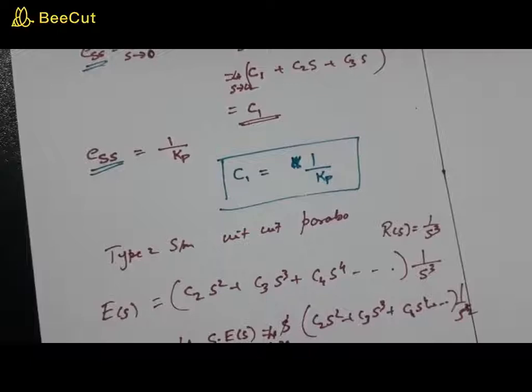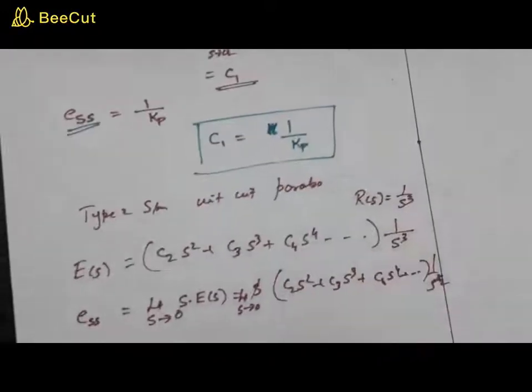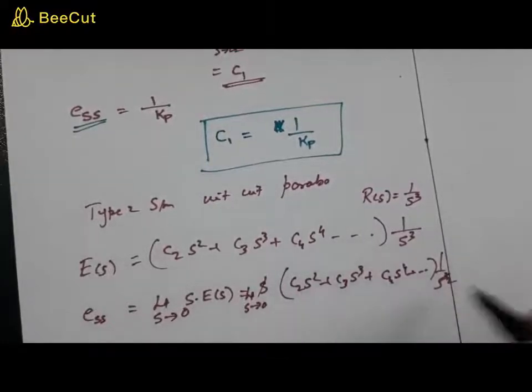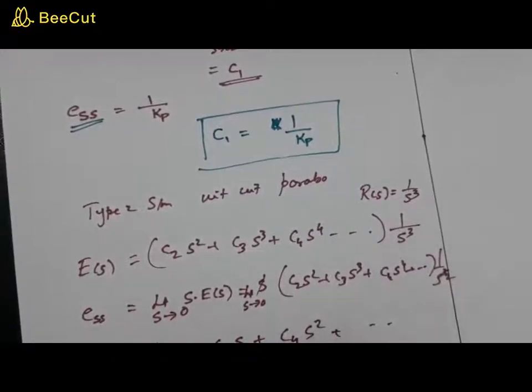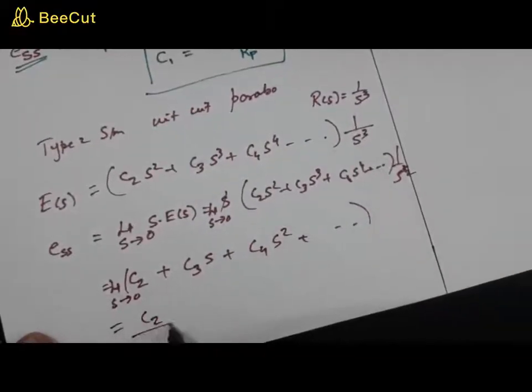So when you do the operation, you will get C2 plus C3 S plus C4 S square, etc., as limit S tends to 0. So you will get this as C2.